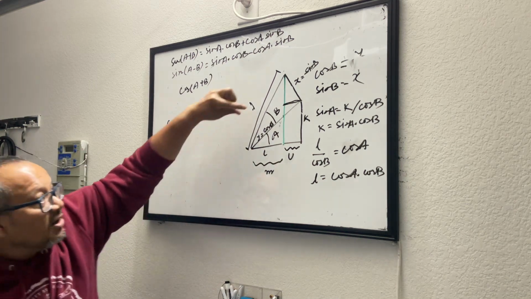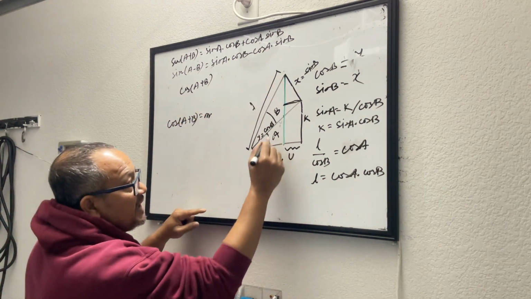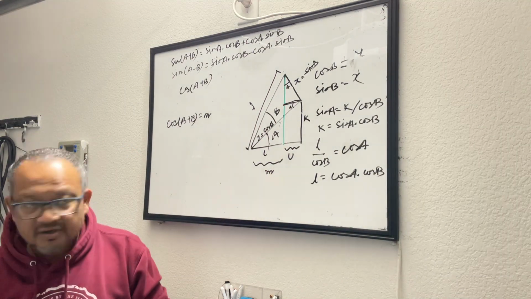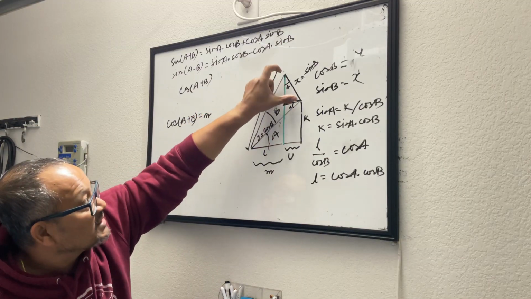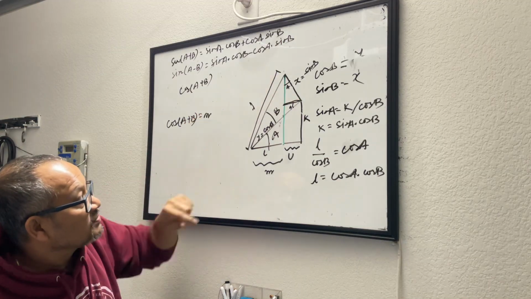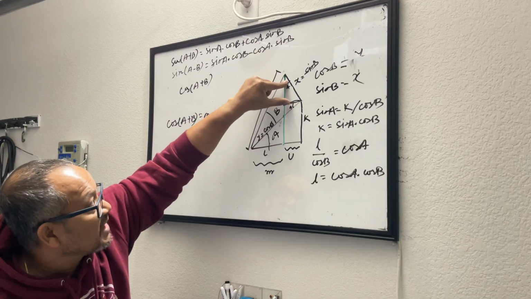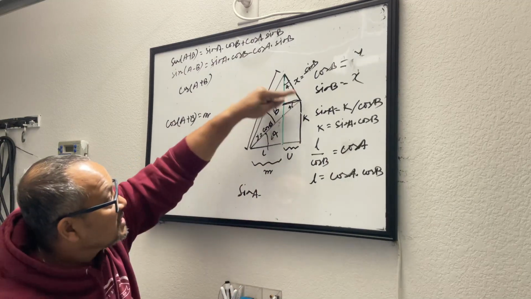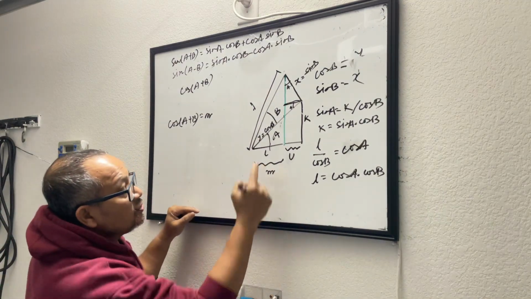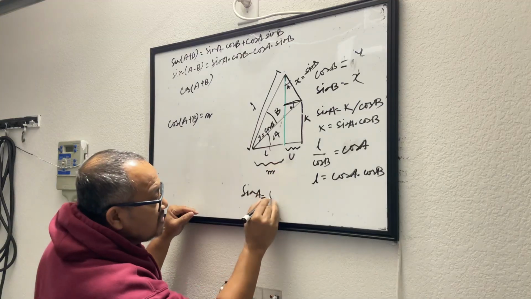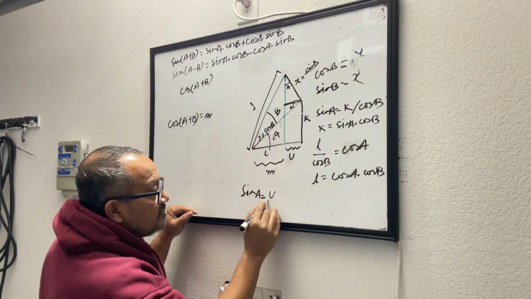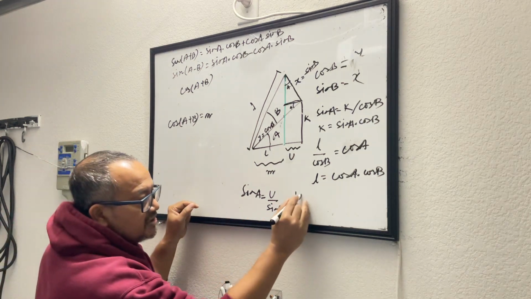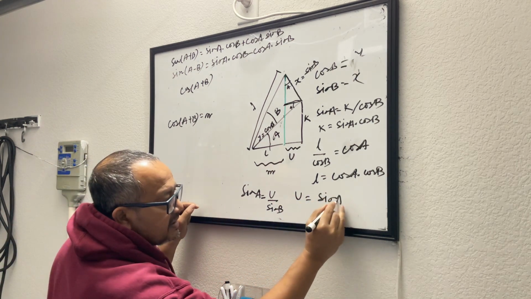Now coming back to this triangle, you know this is A, and this is also A, that we saw a little while ago. This is angle A, this side is sine of B. So this is angle A, this is the opposite side by hypotenuse. So sine of A in this tiny triangle is equal to this side that we are trying to find out, which is U, divided by hypotenuse, which is sine of B. So U equals sine of A times sine of B.